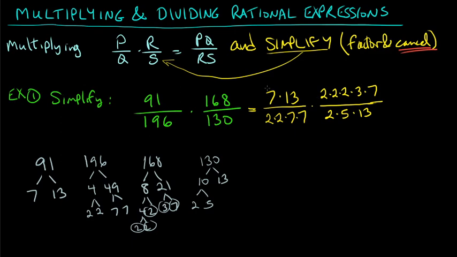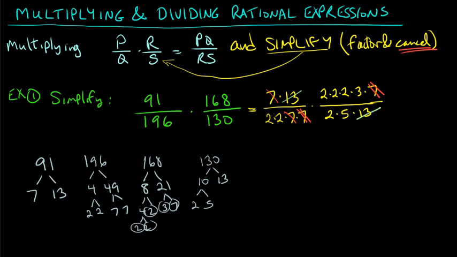Anything that's the same in the numerator and denominator cancels. For example, 7 divided by 7 is 1. But notice there's another 7 way over here on the right, and that 7 cancels with that 7. Likewise, 13 divided by 13 is 1, so they cancel.